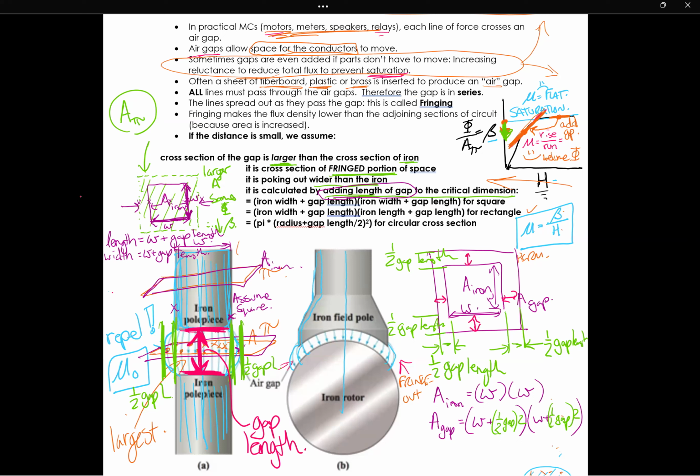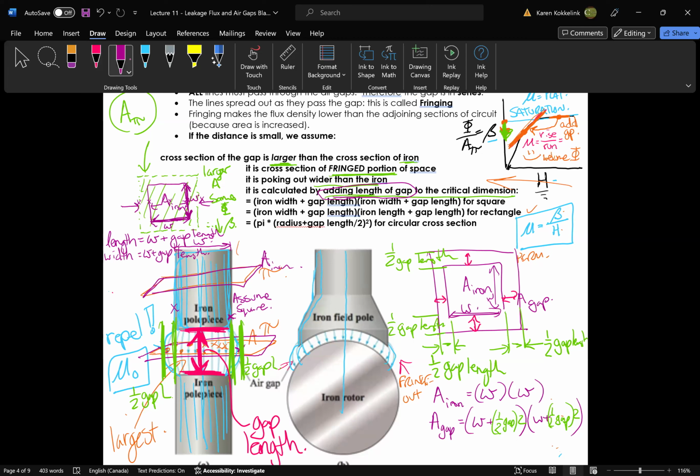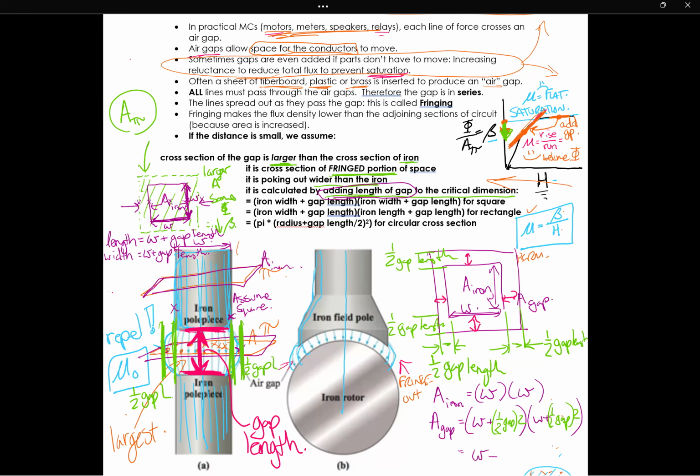So my critical dimension is width, and I have added one gap to that width. So I can simplify this formula and say it's width plus gap length times width plus gap length. So that's how we deal with the gaps.